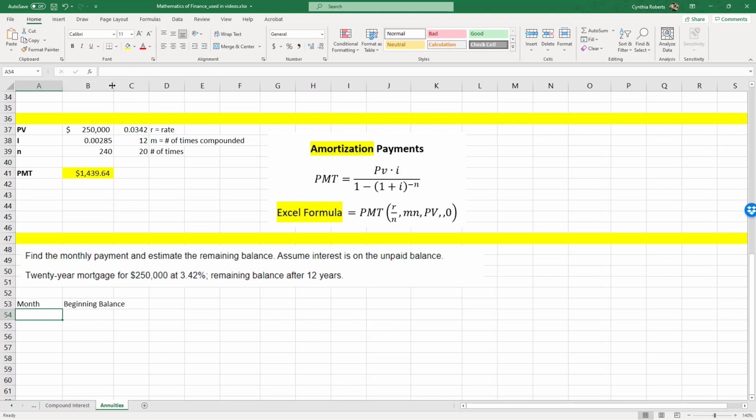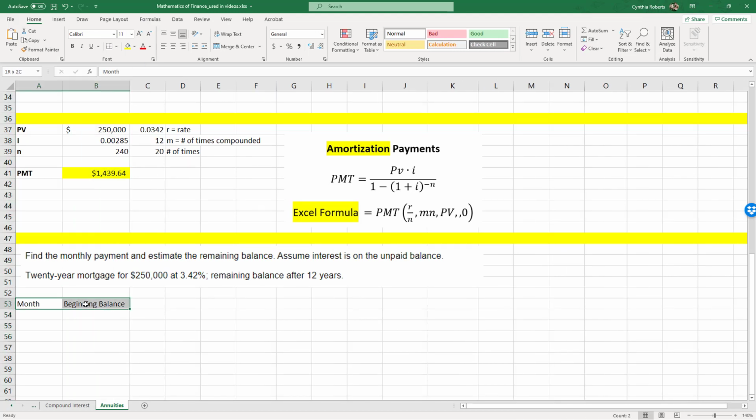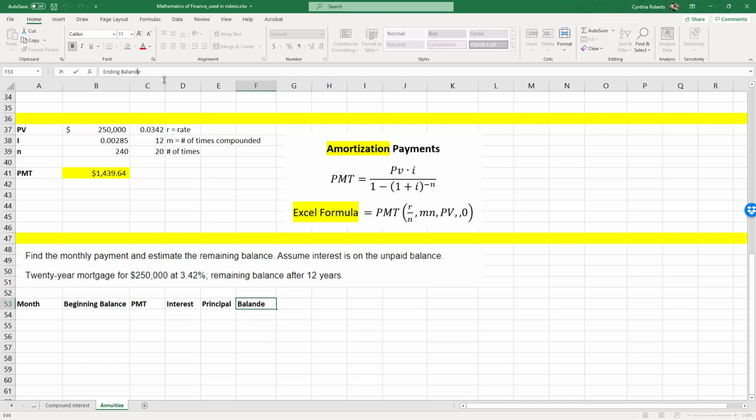Might make that a little wider. This is probably all going to be bolded. And then we have the payment, the amount of interest, the principal, and then the ending balance, if I can spell balance correctly.